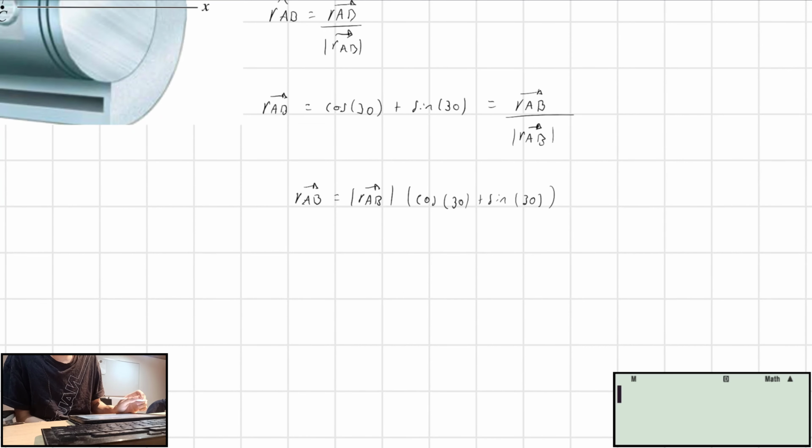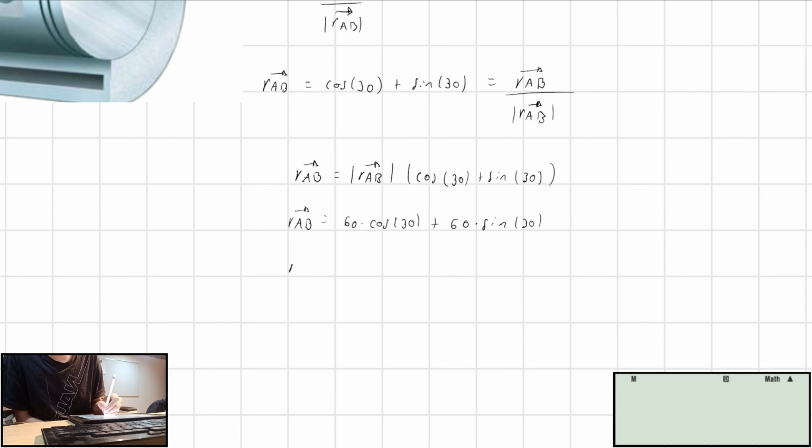In this case, you just have to do a distributive multiplication. So RAB is going to be equal to 60 times the cosine of 30 plus 60 multiplied by the sine of 30.